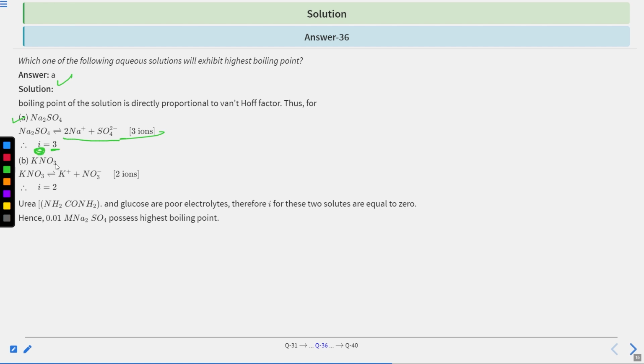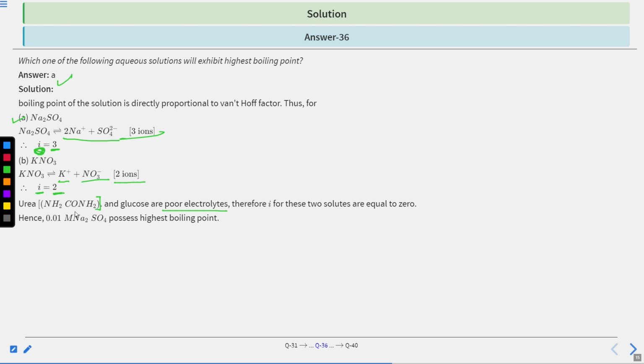For KNO3, we have K+ plus NO3- dissociated ions, that is 2 ions. So i, the Van't-Hoff factor for KNO3, is 2. Urea and glucose are non-electrolytes. Therefore, i for these two solutes is equal to 0.